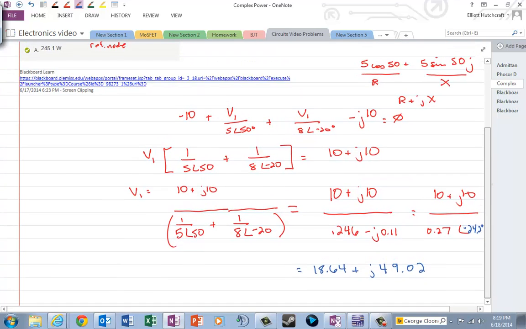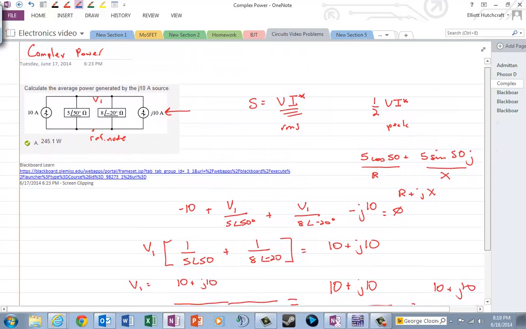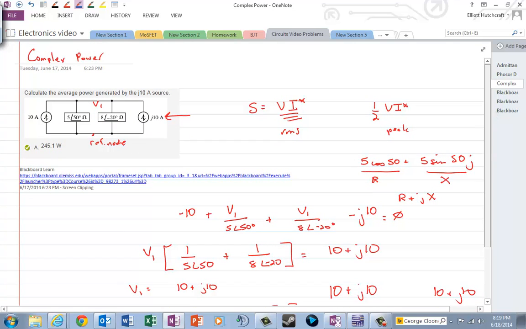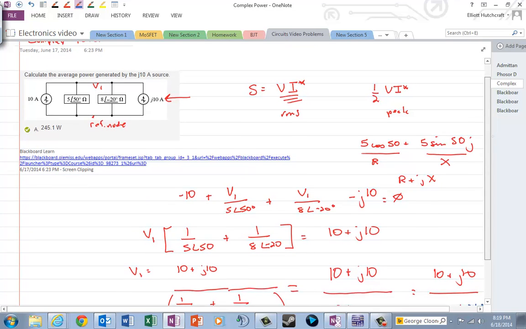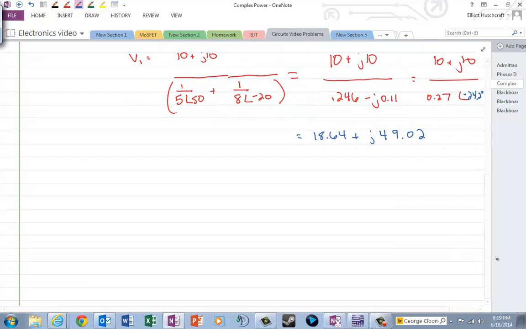So now I need to find what it's asking for. It's asking for the complex power, or the average power generated, excuse me. So I'm going to find first the complex power generated by the J10 amp source. So the J10 amp source is doing this number.